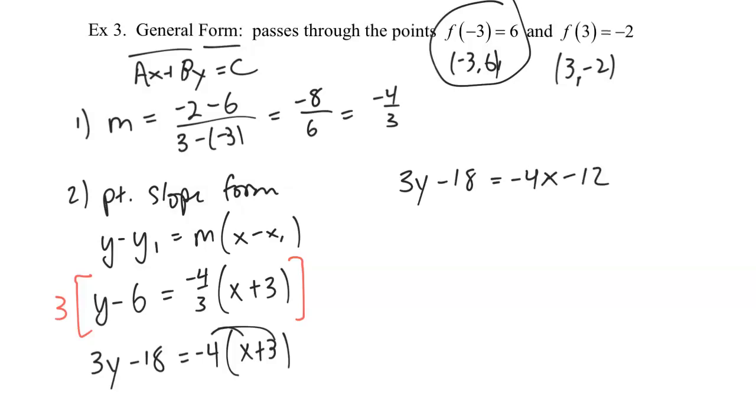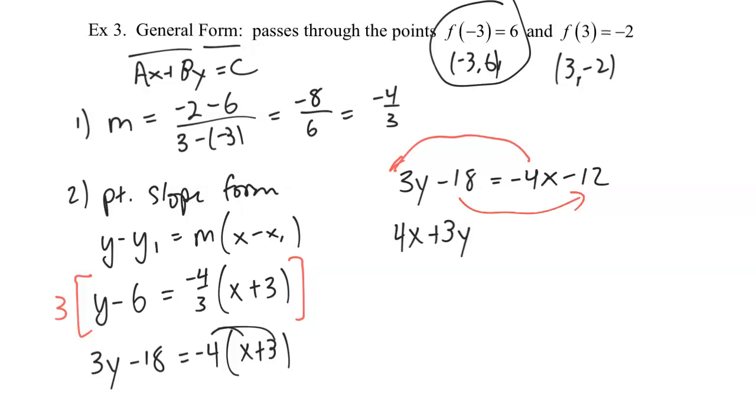And now I want all of my variables to be on the left and all of my constants to be on the right. So I'm going to move this -4x over. It's going to become a +4x when I do that, plus 3y. And then I'm also going to move my -18 to this side. It's going to combine with that -12.